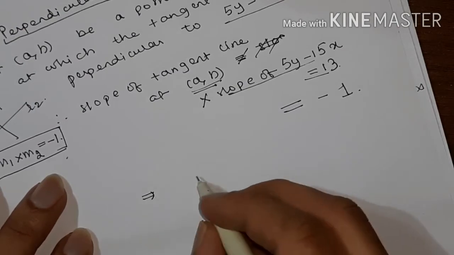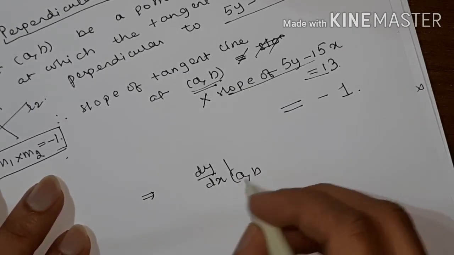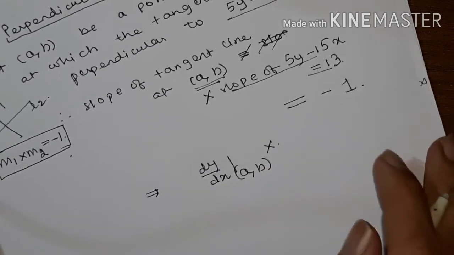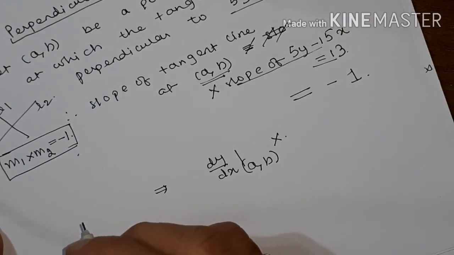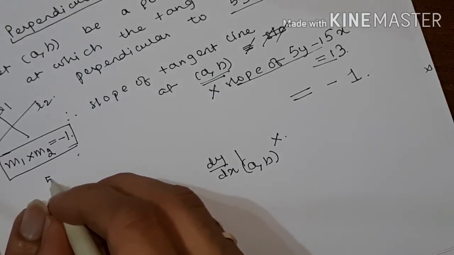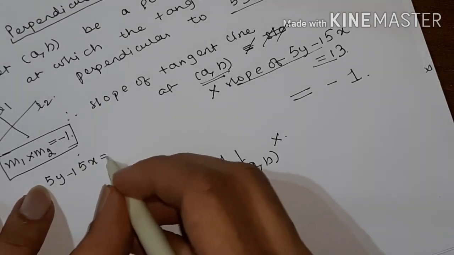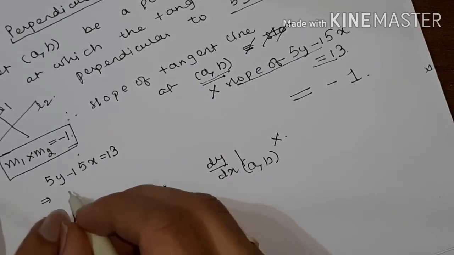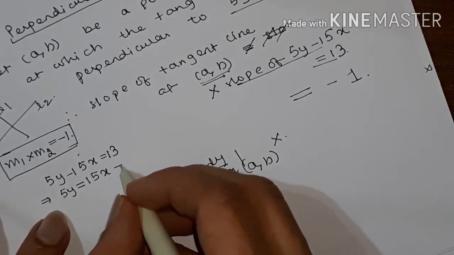So that means dy by dx at the point a comma b multiplied by the slope of this line, which we have to find. I have told you how to find it, so the same method we use. 5y minus 15x equal to 13, so 5y is equal to 15x plus 13.